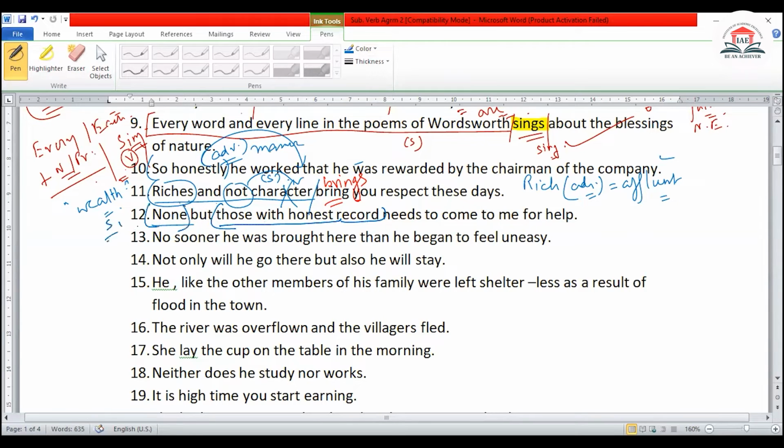This is S1, none. That is zero, singular. But those with honest record, it says S2. Now, which subject do you consider to determine the verb? Exactly, those with honest record. So this is plural. So my verb must be plural.